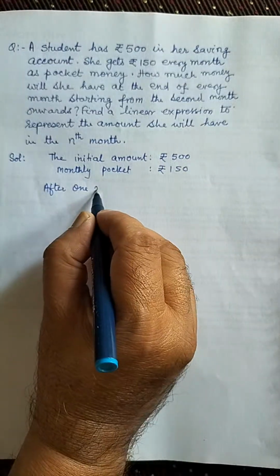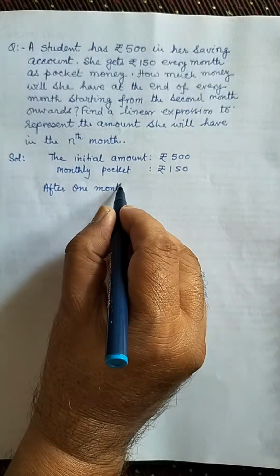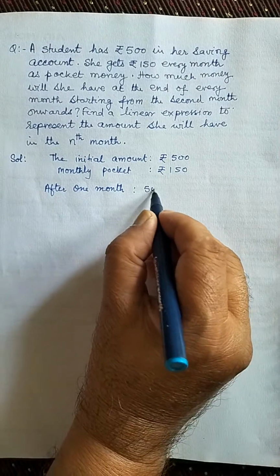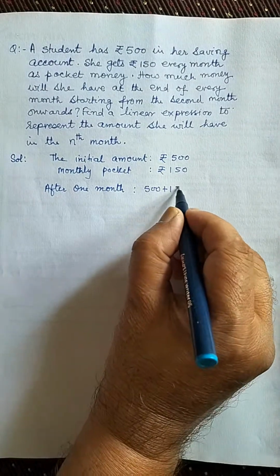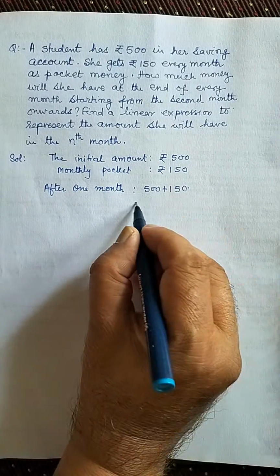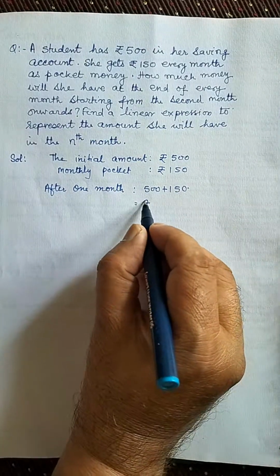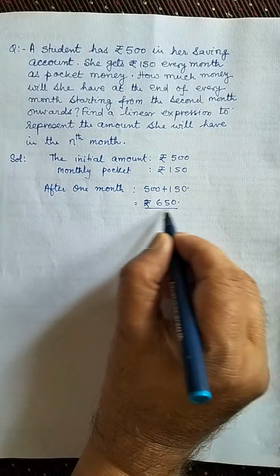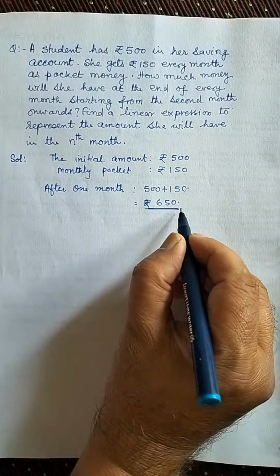So after 1 month she will have 500 plus 150, that is rupees 650. This is at the end of first month.